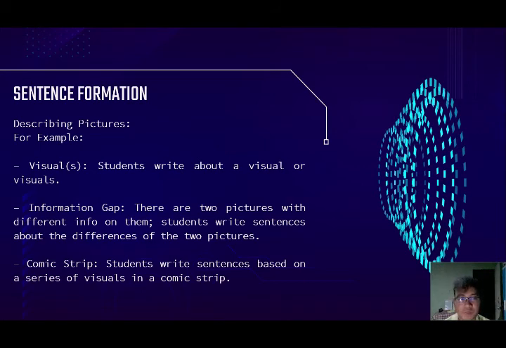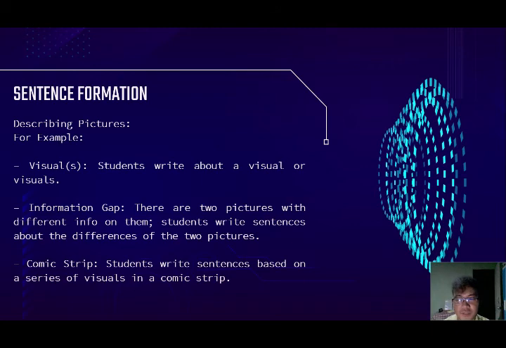The teacher will provide two pictures with almost the same elements in the illustration, and the students will try to spot the differences and formulate sentences about them.